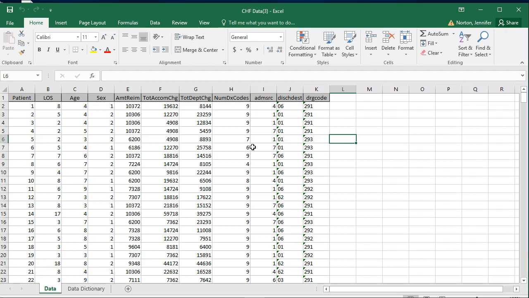The first thing you have to do is calculate a cost column, because we have amount reimbursed, so we know how much we received from Medicare, and we have a combination of charges, but those are just what our facility charges and not what is the cost of those charges.